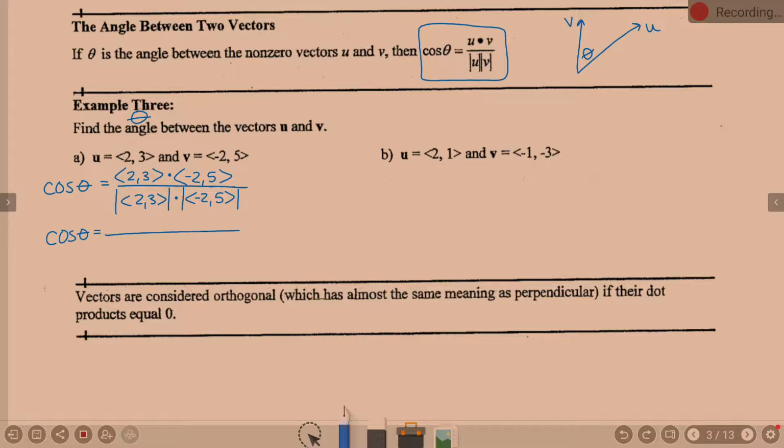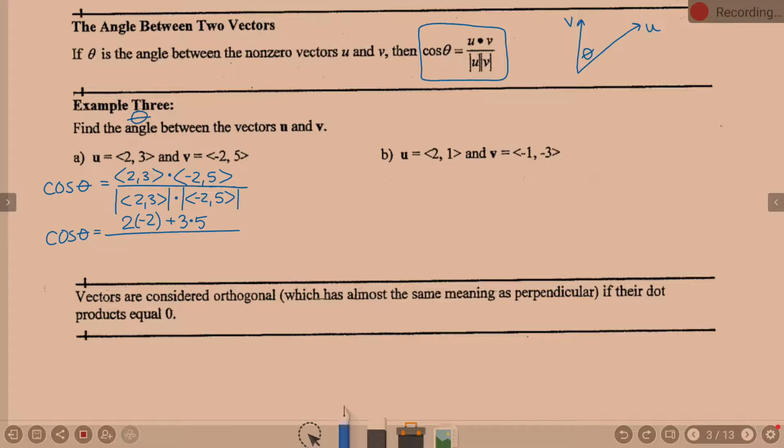What do we do here? Dot product, right? This is what we learned up at the top part of the page. And so dot product, in order to multiply two vectors, says we're going to be doing first times first plus second times second. So again, I'm writing it out. 2 times -2 plus 3 times 5.